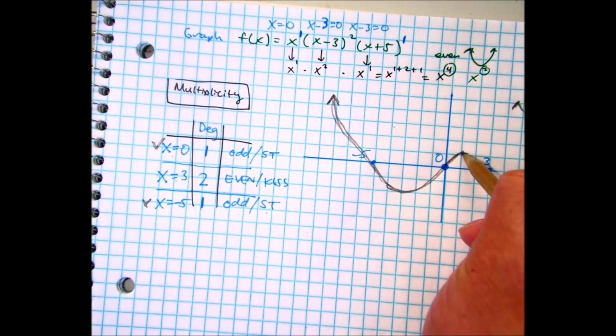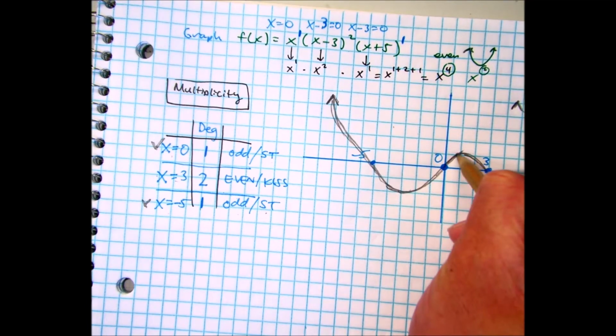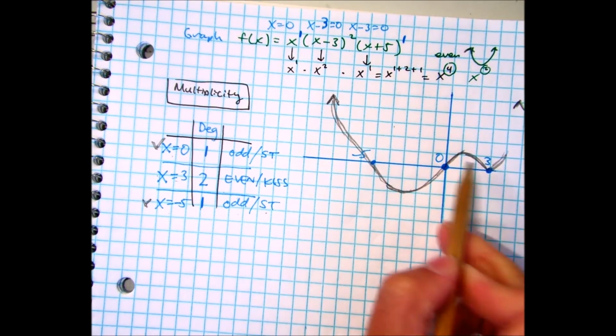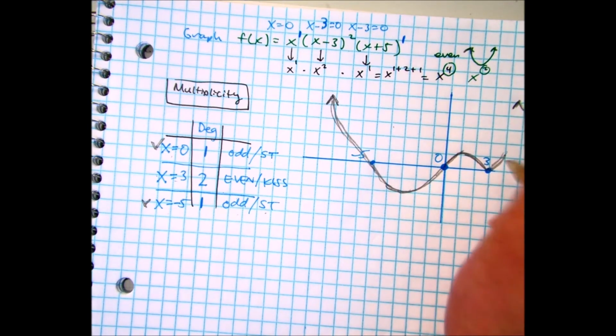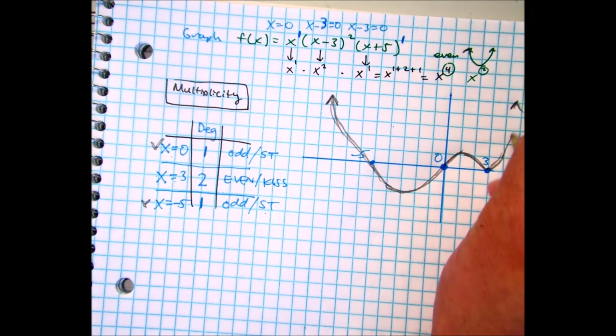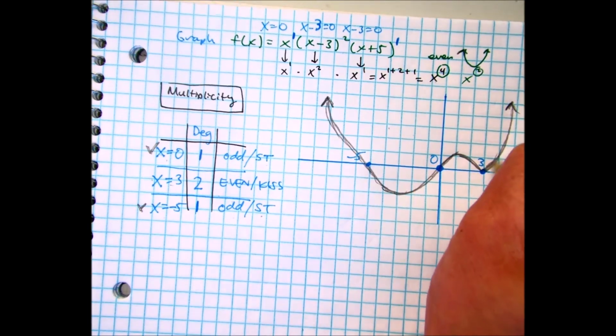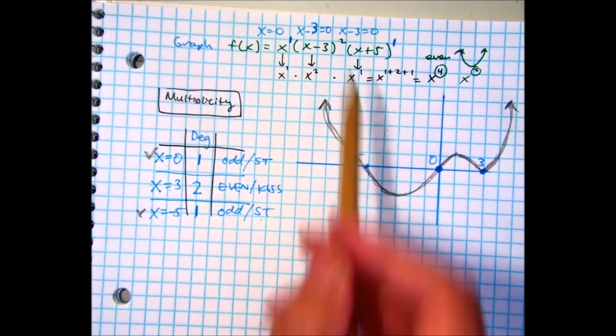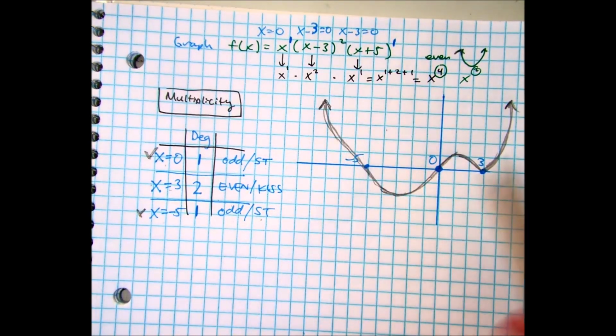So I go towards 3, kiss, and then run away. Notice how it's not going through the x-axis. And I need to end up here. And this is my graph in factored form of graphing this polynomial.